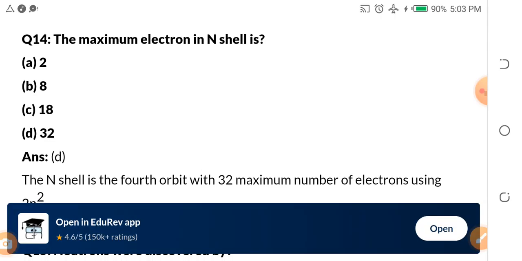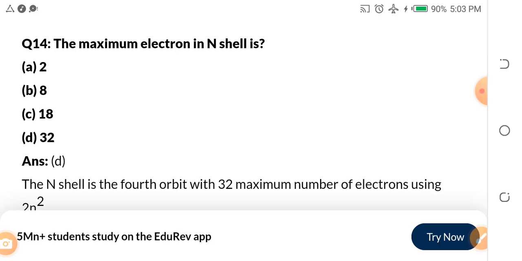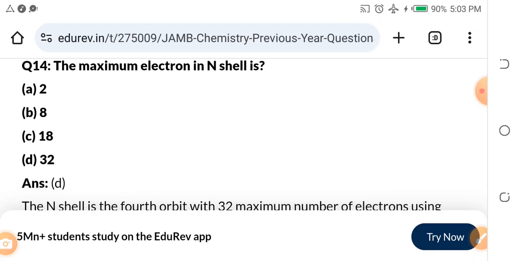Now, assignment for you. Remember, what you are watching is not Nollywood, is not Papa Jessica or Super Story. It is a real study, even though we are here on YouTube. The assignment I have for you is to mention all the shells. The N shell is the 4th shell, so mention for me the 1st shell, the 2nd shell, and the 3rd shell. Then when you mention them, tell me the maximum number of electrons of each of them.